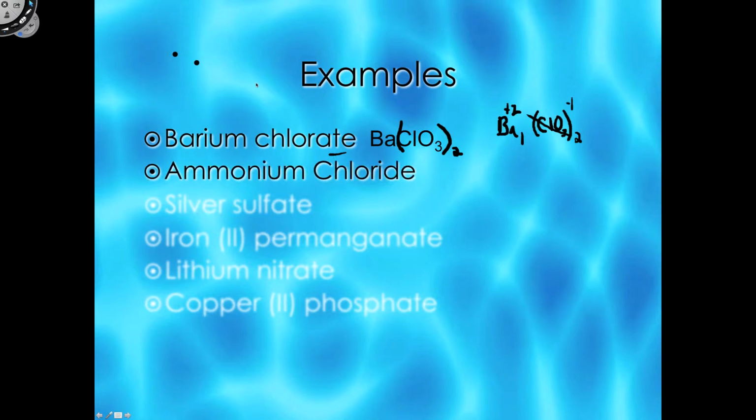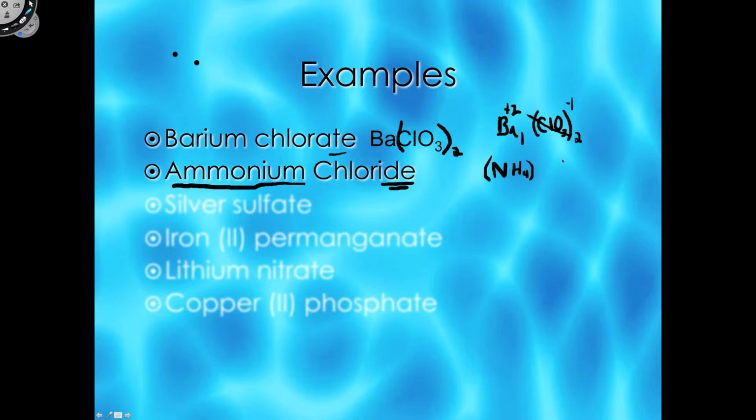All right. Ammonium chloride. Now, this is one of those situations where you have to be careful. Ammonium is not a metal, but it's acting like a metal. We say that because it is a polyatomic cation. It's positively charged. So since it's a polyatomic ion, and I write NH4, I put it in parentheses. Now, the IDE here, what does that tell us about this ion? Well, it tells us it's monatomic.